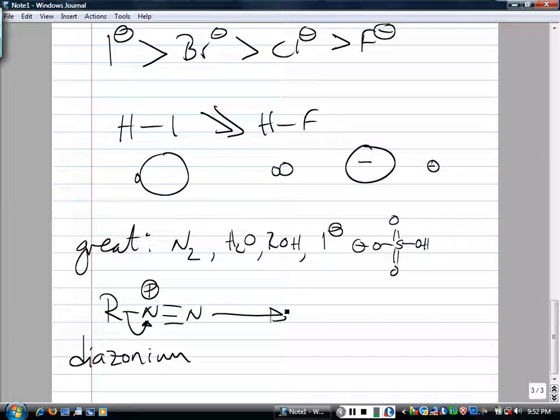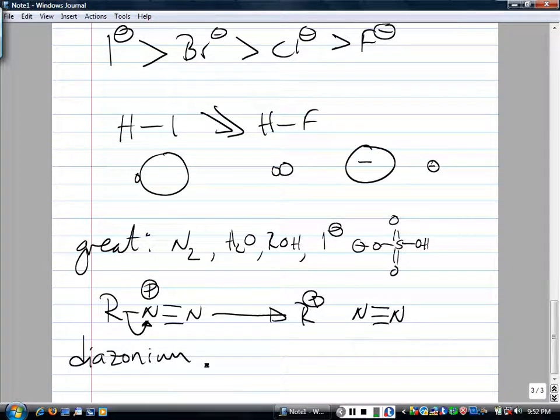Secondly, should I break that bond, I'll make R plus, and I'll make molecular nitrogen, which is a wonderfully stable compound. That's why the atmosphere is full of nitrogen. So N2 is, in fact, the world's very best leaving group, because the N is positive and sp hybridized. When it comes off, not only is it stable, but it has no charge to delocalize. N2 is a neutral molecule.